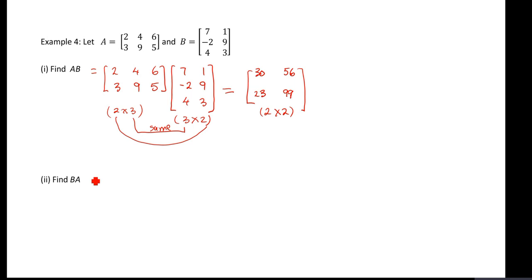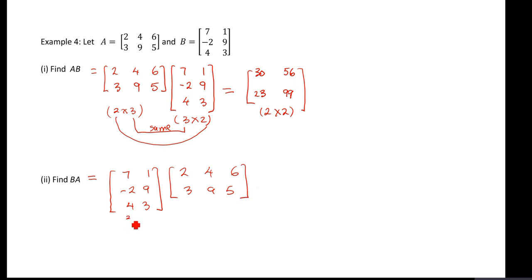Okay, what about B times A now? Well, B times A, B is 7, 1, minus 2, 9, 4, 3. That's B. And what is A? 2, 4, 6, 3, 9, 5.